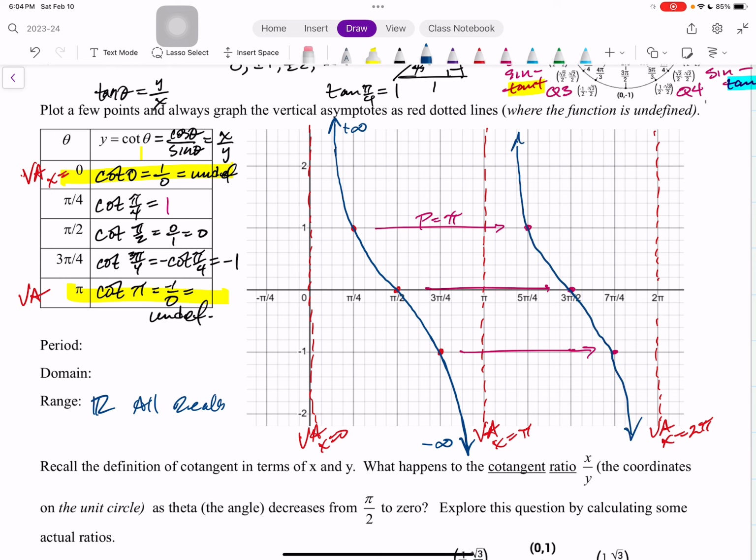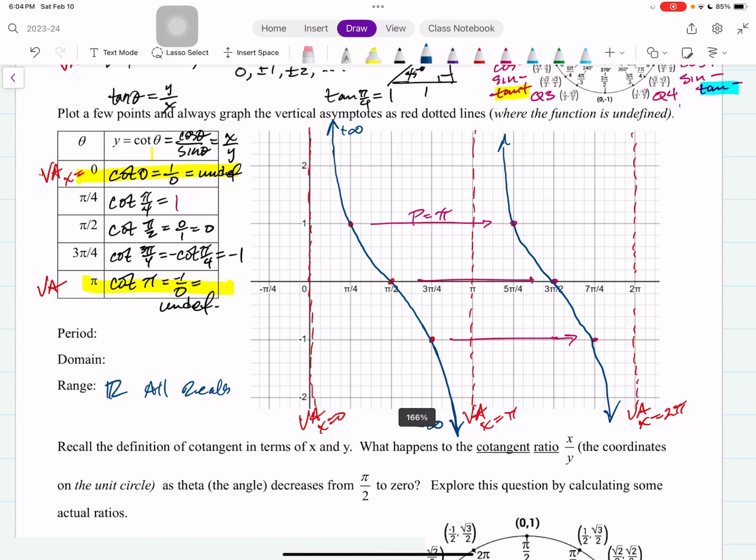There we go. I just graphed another period just by plotting the same 3 points as before. But why does the cotangent function behave like this? It looks like the tangent function, but reflected, and shifted, because it doesn't have the same asymptotes as tangent.